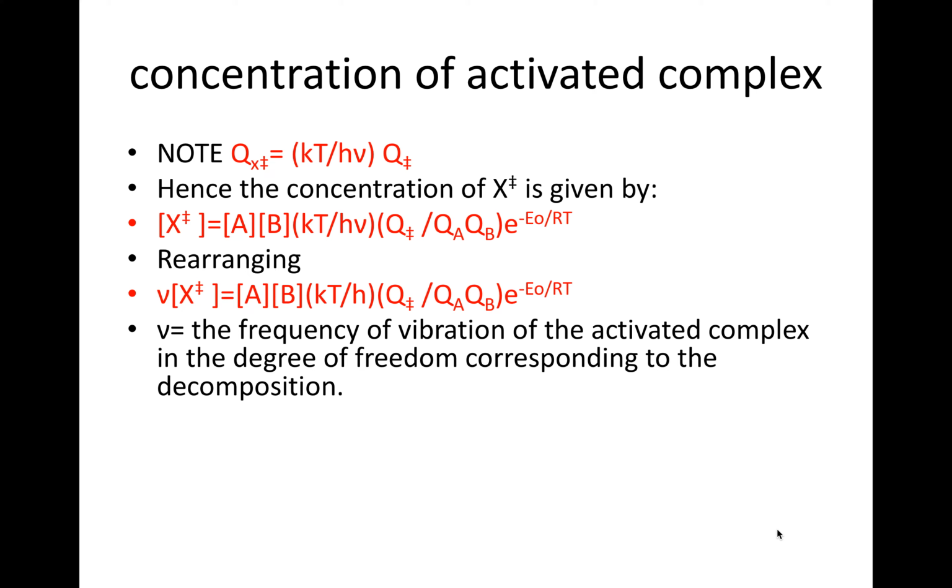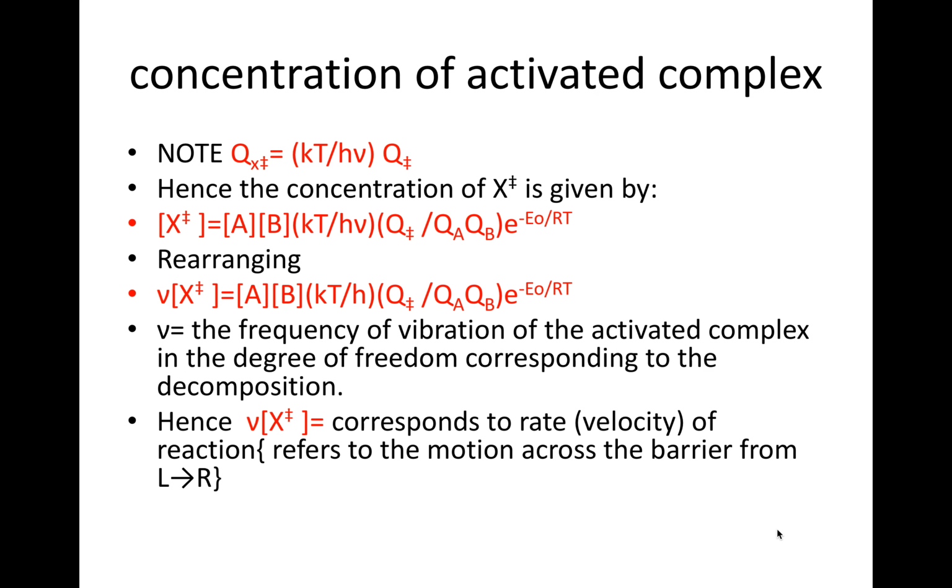Here, nu equals the frequency of vibration of the activated complex in the degree of freedom corresponding to the decomposition. Hence, nu times the concentration of X double dagger corresponds to the rate or the velocity of the reaction. This, of course, is referring to left to right.